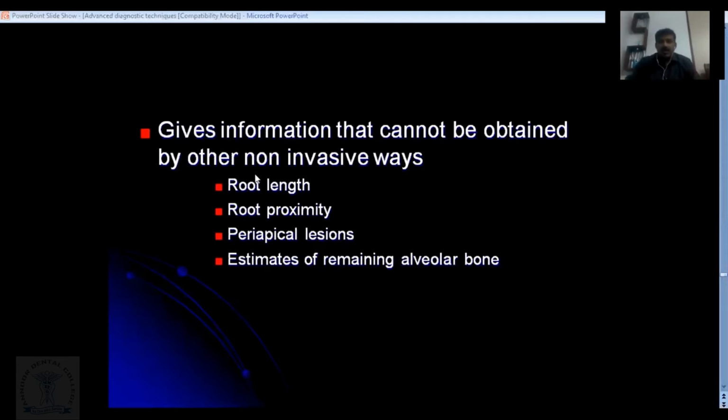Then what is the amount of alveolar bone that is remaining? What is lost, you don't know, but whatever is remaining, you can get by means of a radiograph. So to obtain all this data in a non-invasive way, you have to take a radiograph. Root length, root proximity, the apical changes and radicular changes, and whatever quantity of bone is present after periodontal disease.